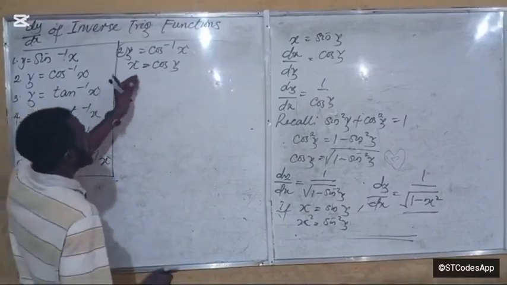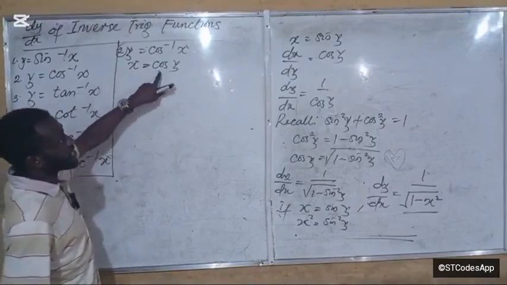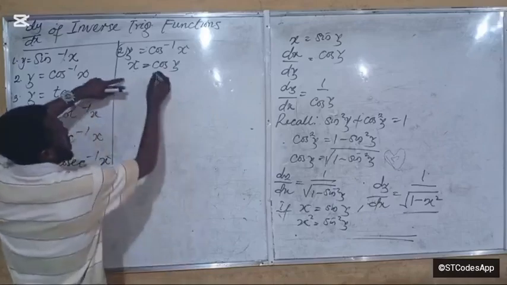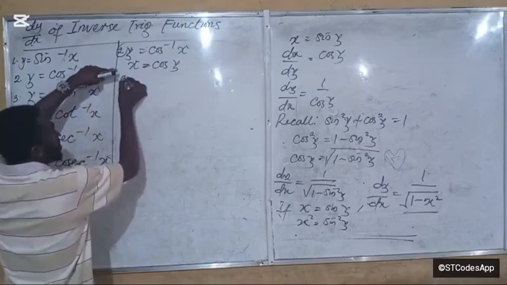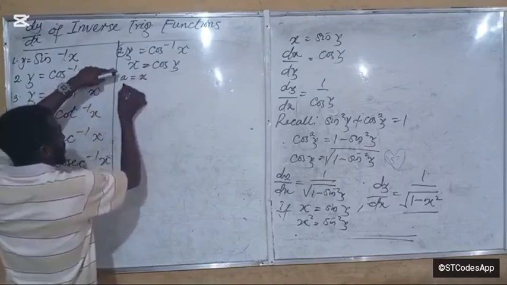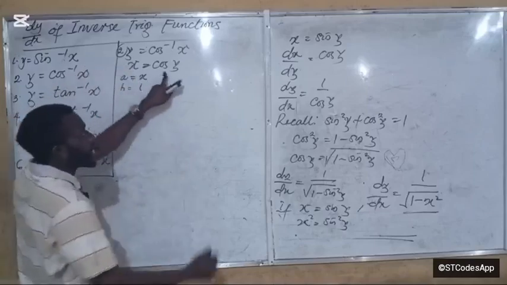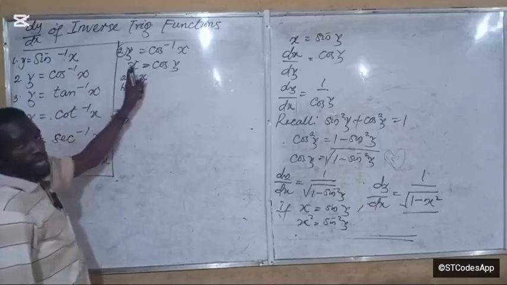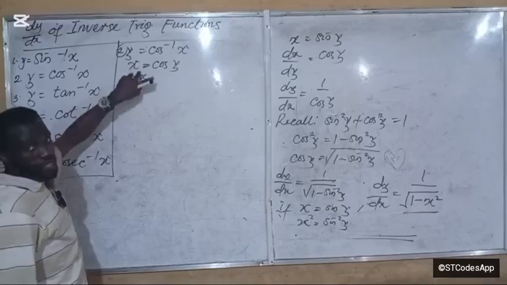So from here, let's differentiate. Okay, but before we differentiate, we can test already that since cos y is this, it means that our adjacent is x and our hypotenuse is 1, because remember that cosine of something is adjacent over hypotenuse.